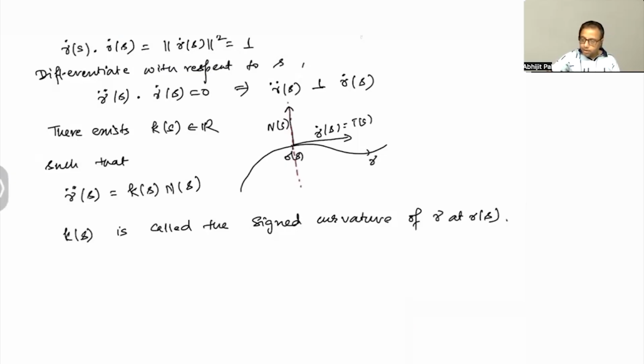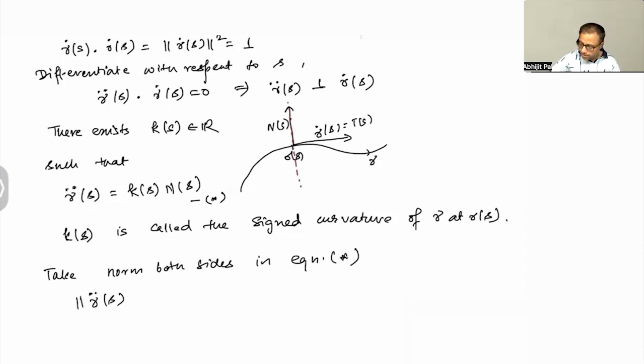And now if I take the norm on both sides in the equation star, I will get the norm of gamma double prime s is equal to the modulus of k(s).